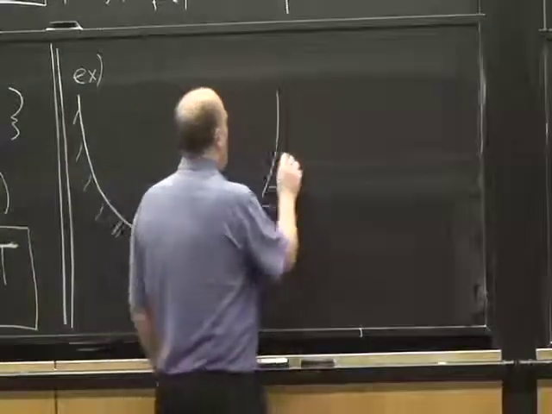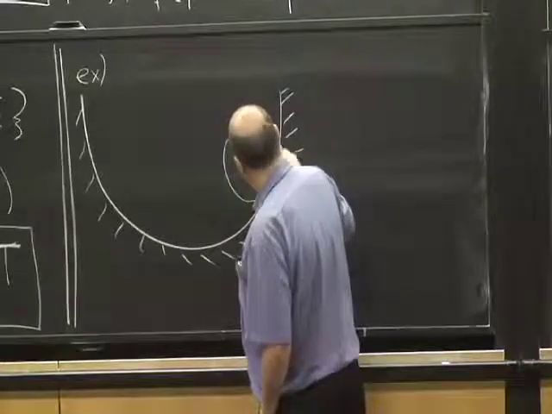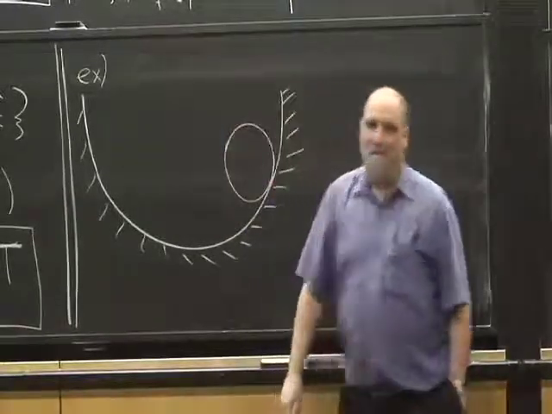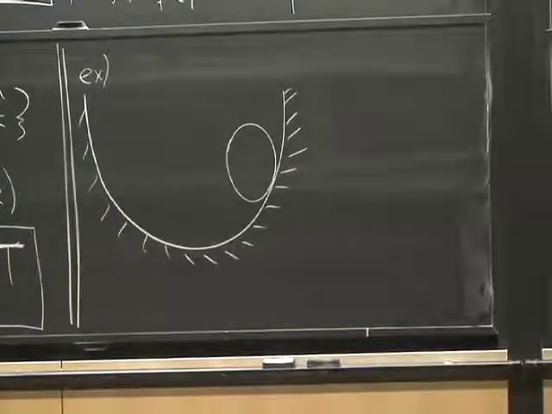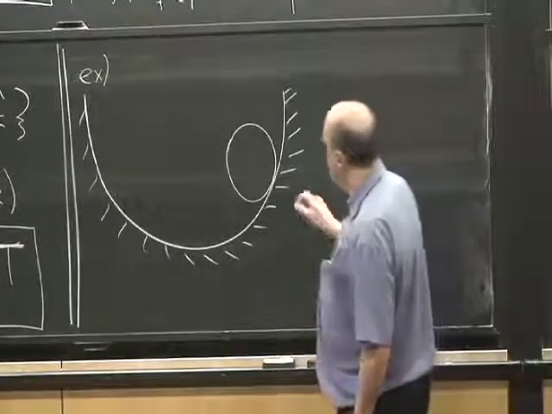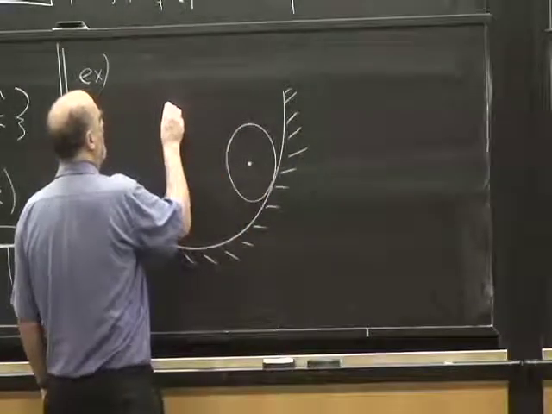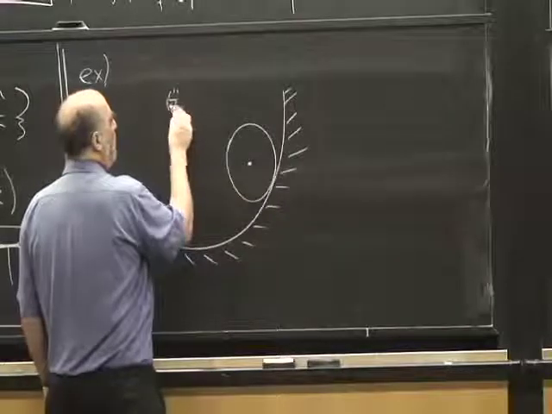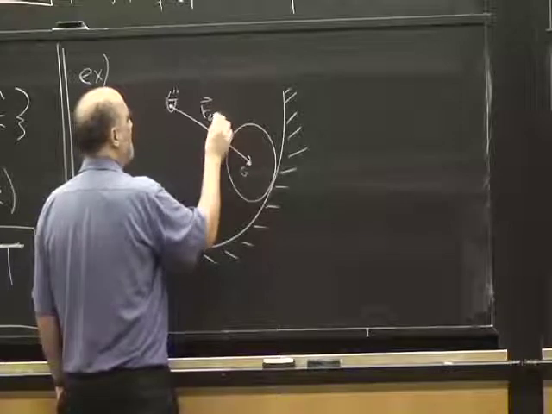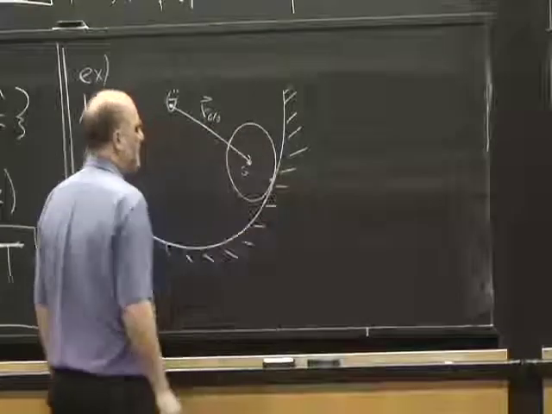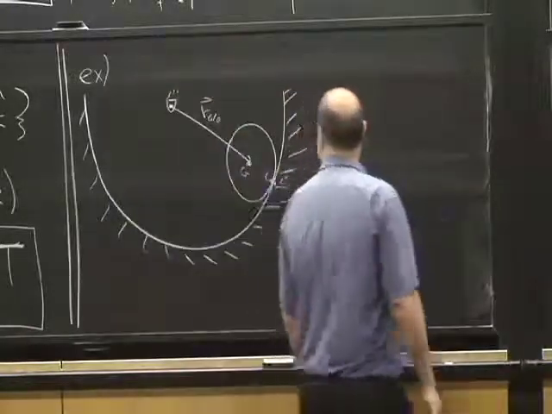Let's just say I have a cylindrical bowl, and I have a round object, a ball, rolling inside that bowl, and I would like to keep track of how this moves. So what I'd like to do is keep track of where the center of this thing is. So we have the center, RG with respect to O, but we also have this contact point. So we also have this C and this C prime.